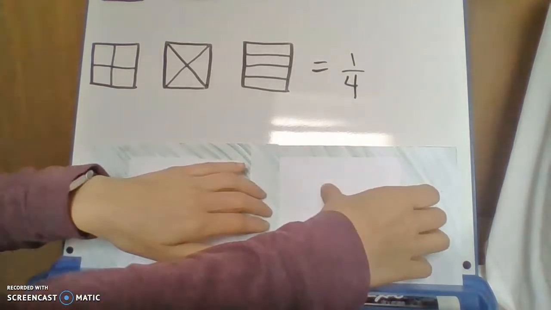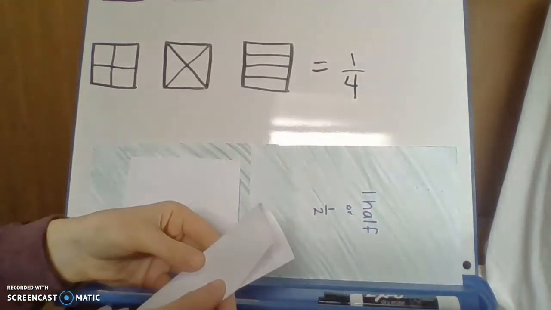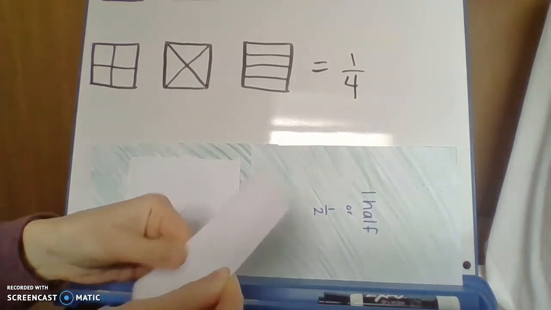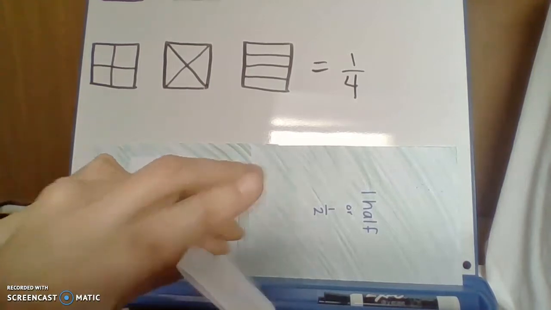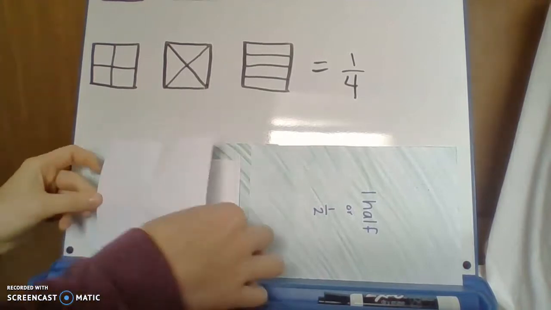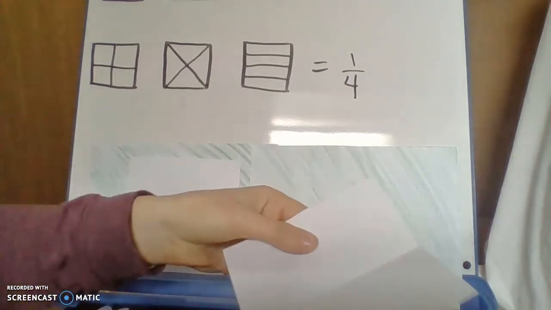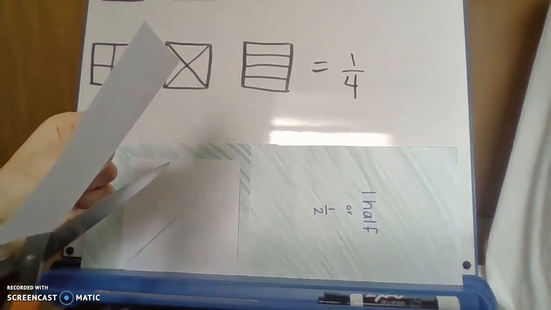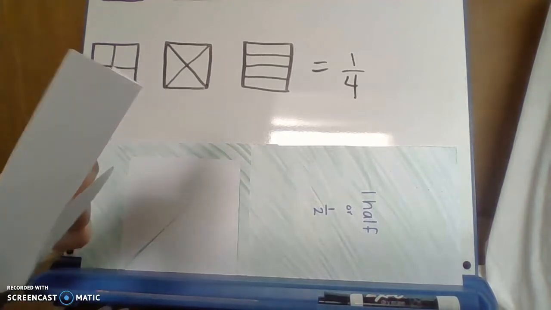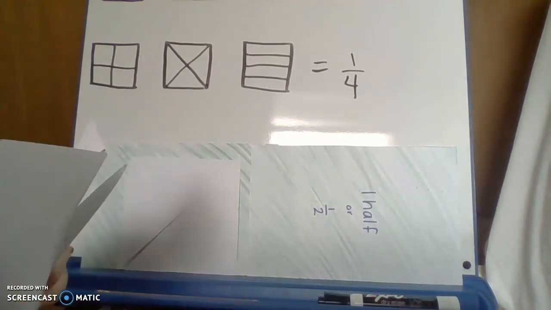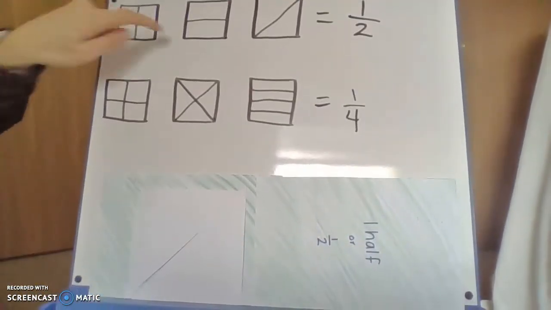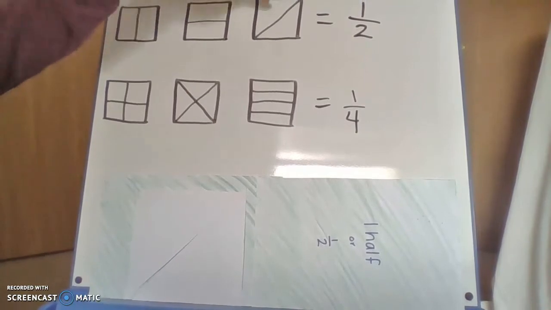My question to you is, if I take this, fold it in half, and then cut it, are they going to fit equally in each other? These are the same size. If I cut this one in half like I already did to the triangle, they're both folded in half, so they're both split into halves, just like up here.